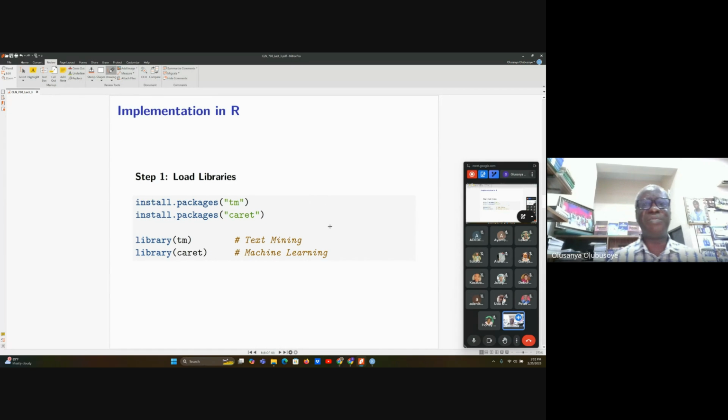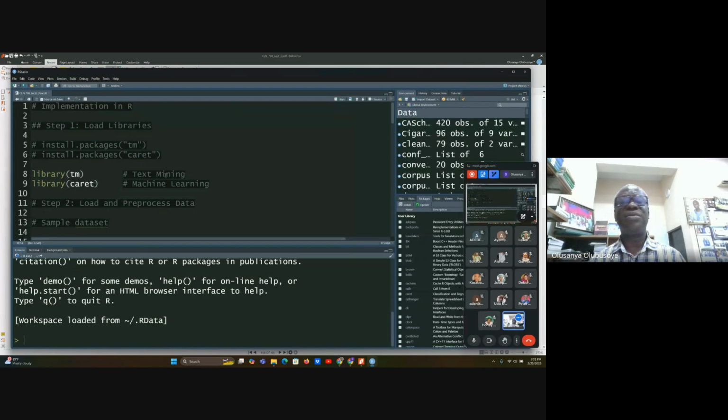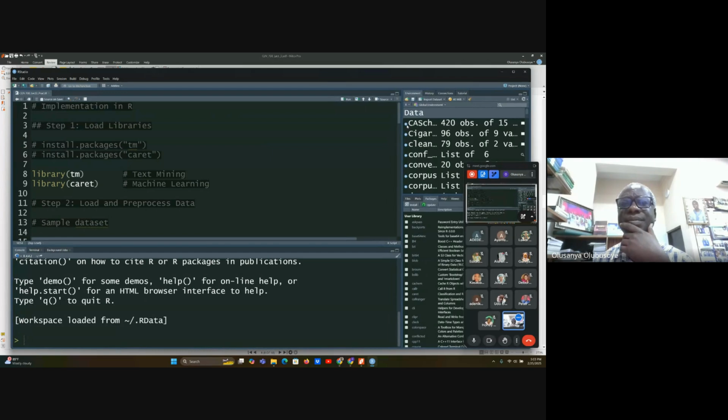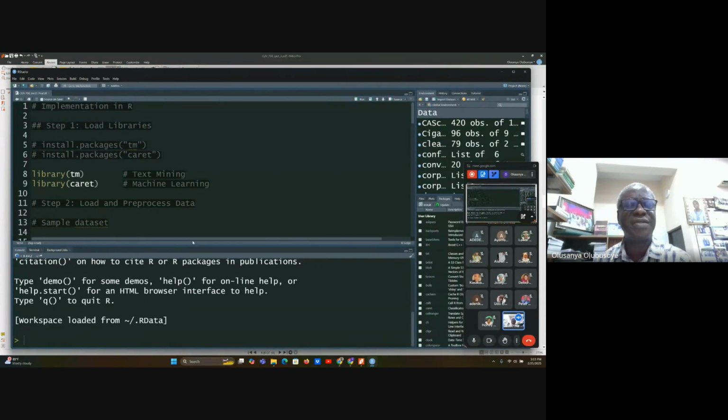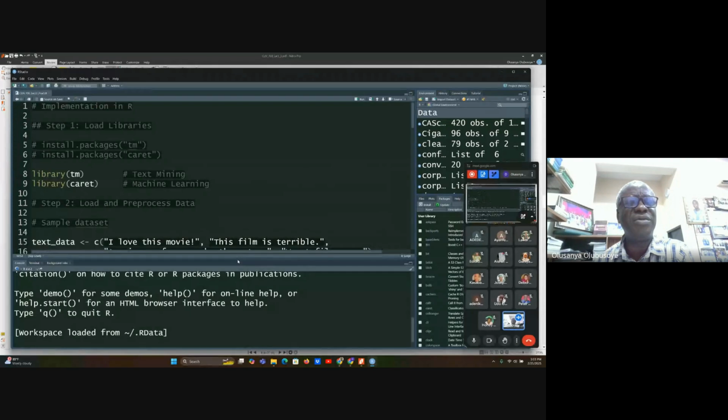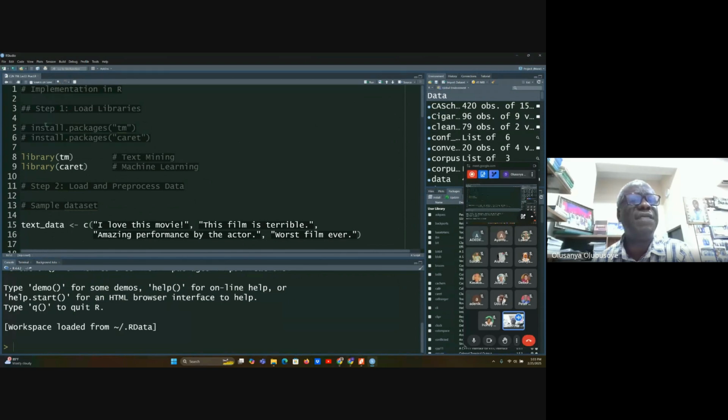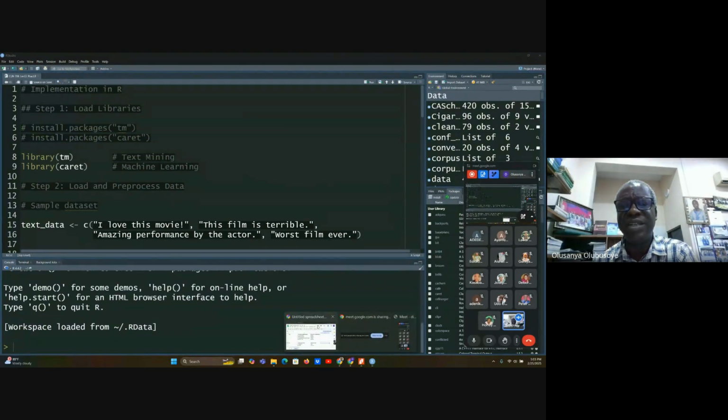So let's do the hands-on now quickly with our data. I also shared on the platform this script file. I'm sure you have also downloaded it. The first thing to do, remember we are trying to use our data here.